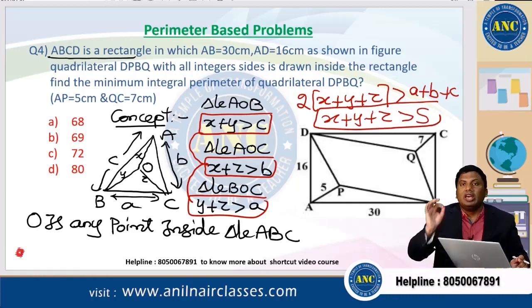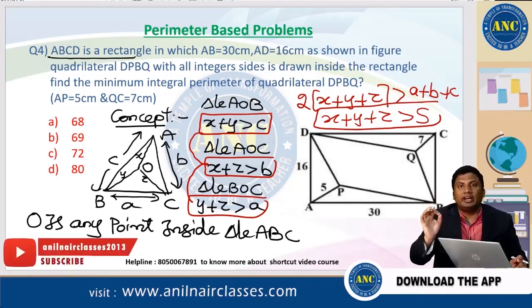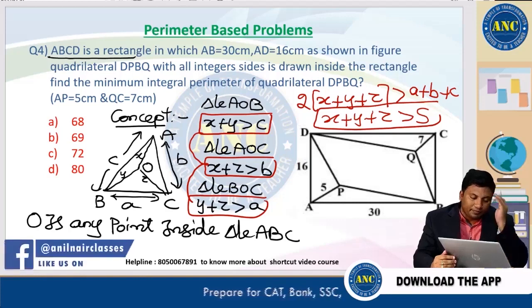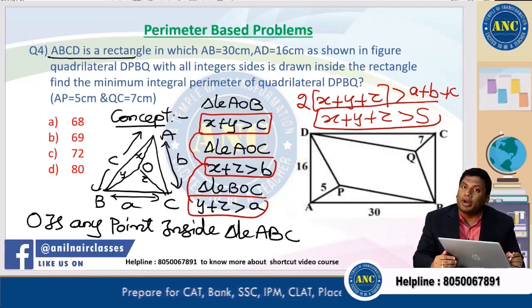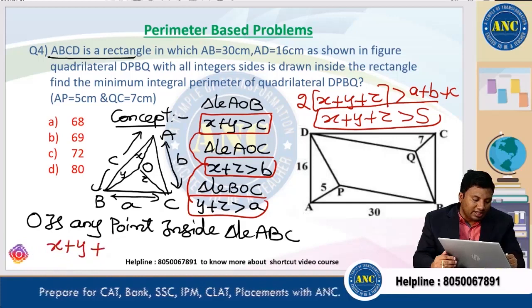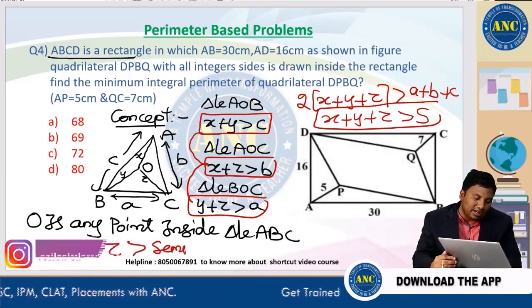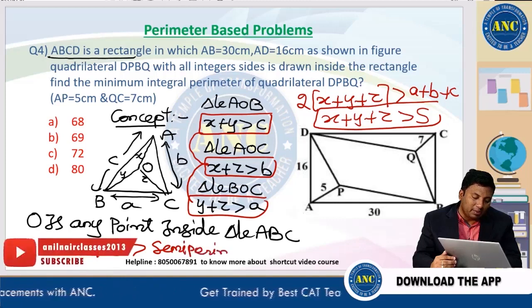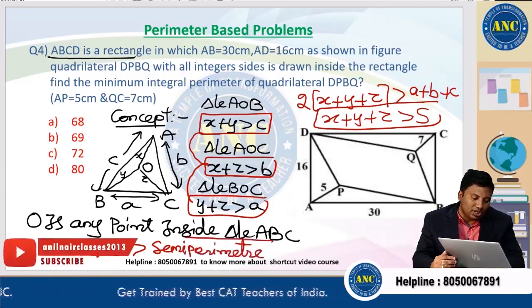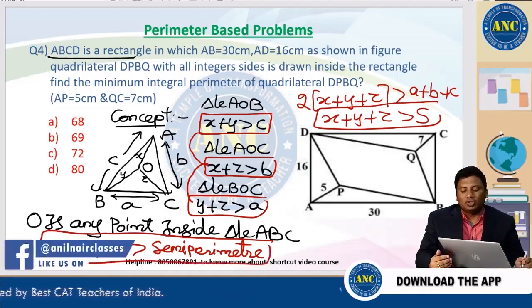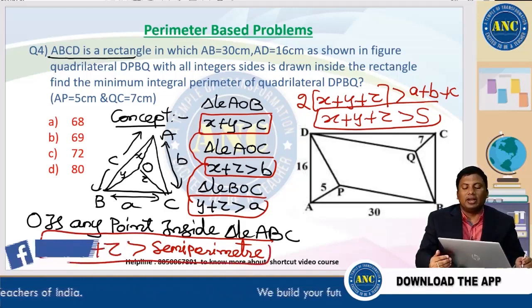If O is any point inside the triangle ABC, then the lines drawn from the point to the vertices, their distances X plus Y plus Z, is always greater than the semi-perimeter. Please make a note of it. This question is based upon that property.